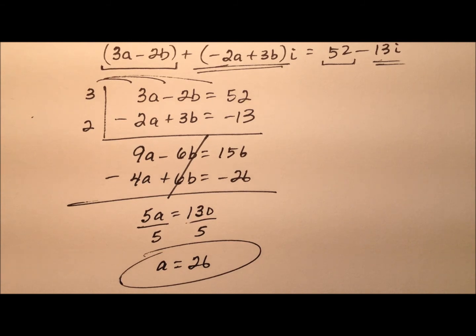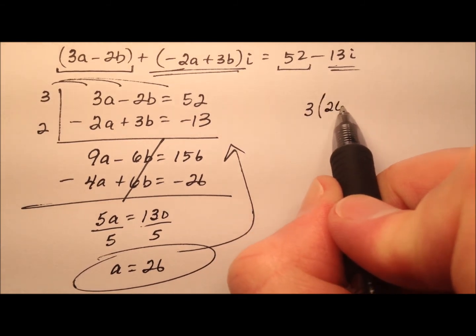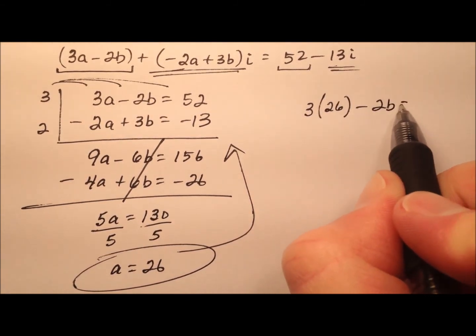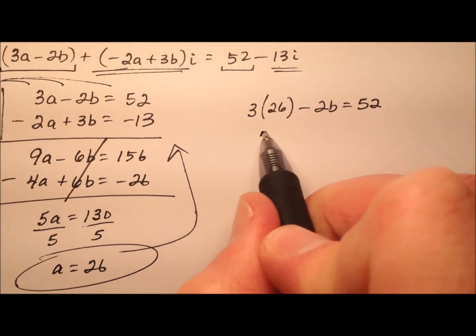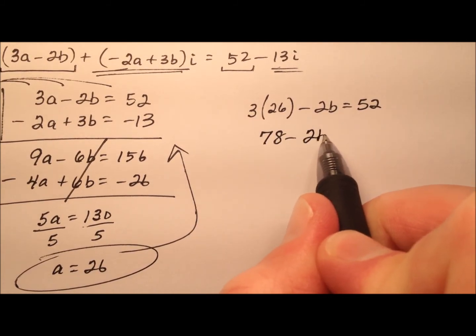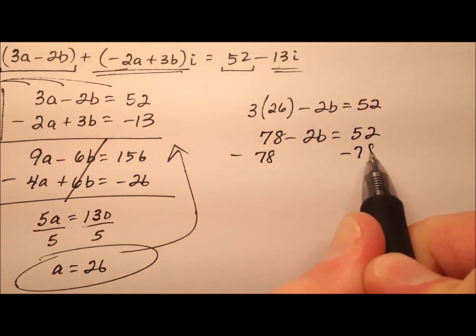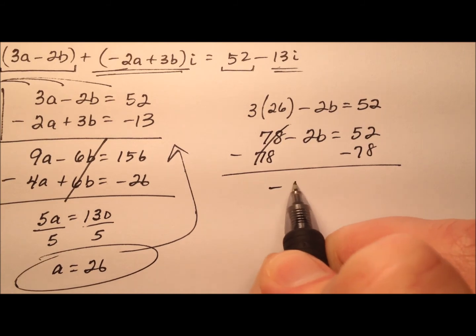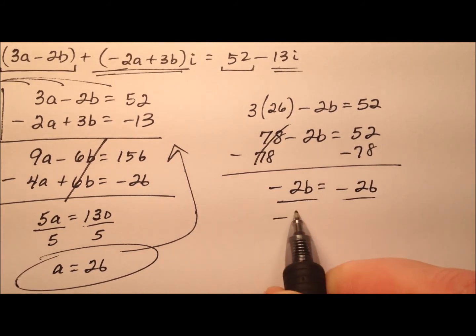That's fantastic. Let's go ahead and plug that back in up here. So I have 3a, so a is 26, minus 2b equals 52. So when I multiply here, I have 78 minus 2b equals 52. Subtracting 78 from both sides gives me negative 2b equals negative 26.